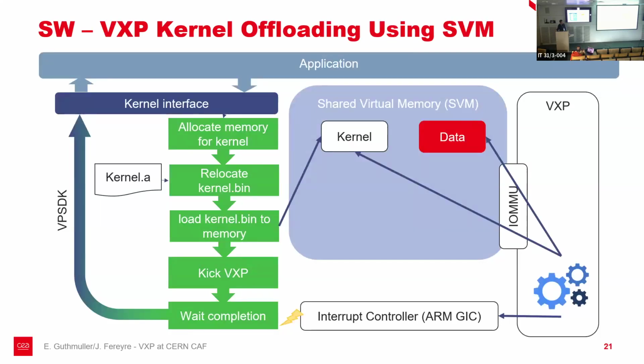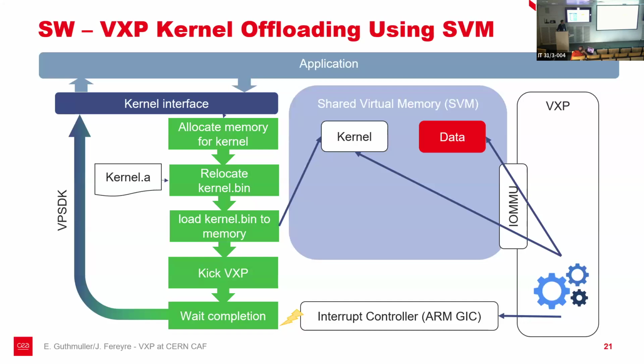In the case of the shared virtual memory, we have quite the same interface for the application, but there is no more copy from the host to the accelerator. What we do is allocate a new space of memory in the shared memory between the accelerator and the host.